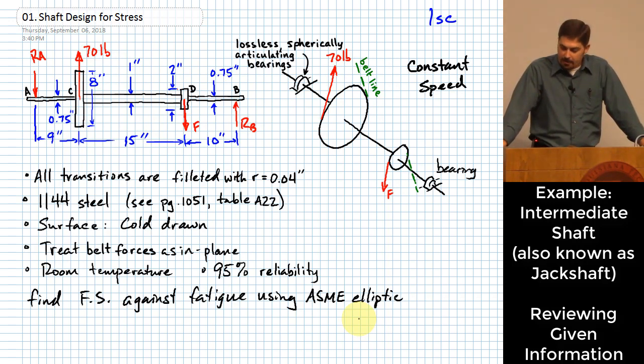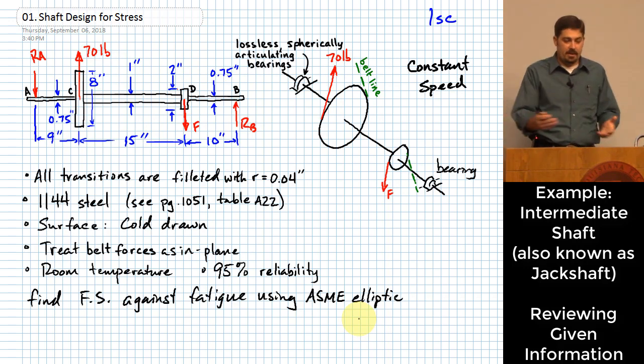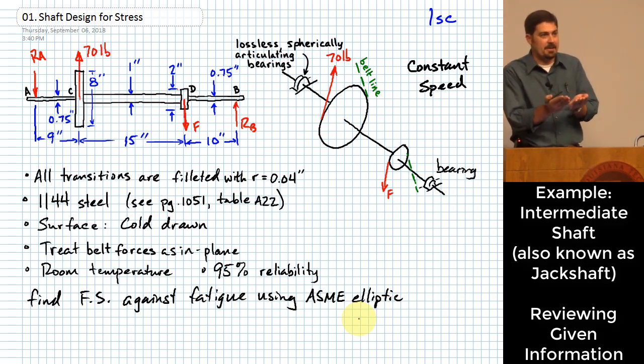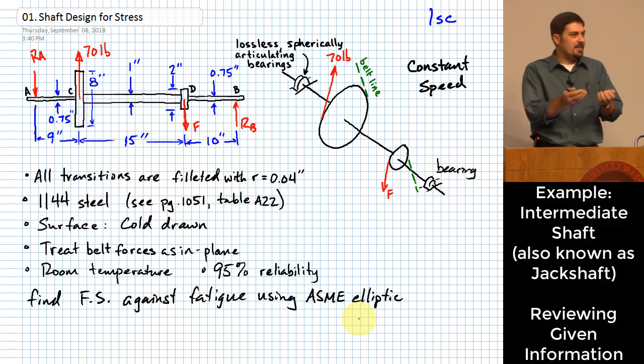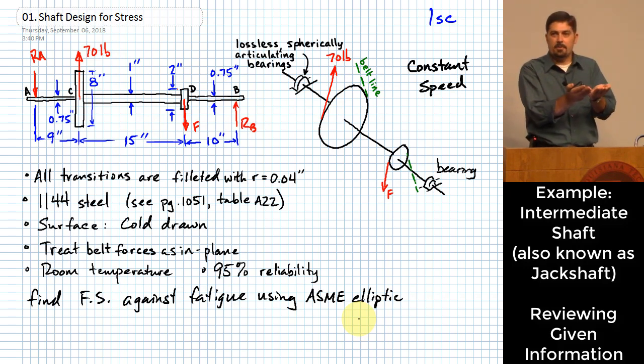Where that comes from, and I won't pull it up here, is that tests on fatigue are not deterministic. You might have two specimens that by all appearances are exactly the same, and you test them both in fatigue, and one might last a very different number of cycles than the other before it failed.